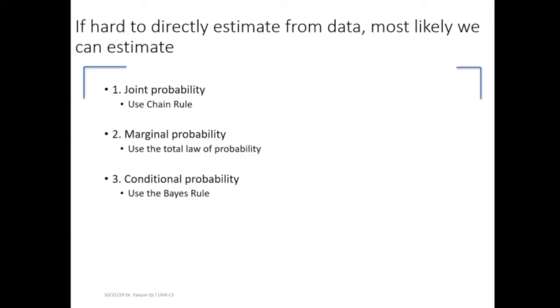If what you care about is a marginal probability, and you can't directly estimate it by counting from data, you normally use the total law of probability, which I already introduced in the previous slides. If what you care about is a conditional probability and you can't count it from the data, you use Bayes' rule.